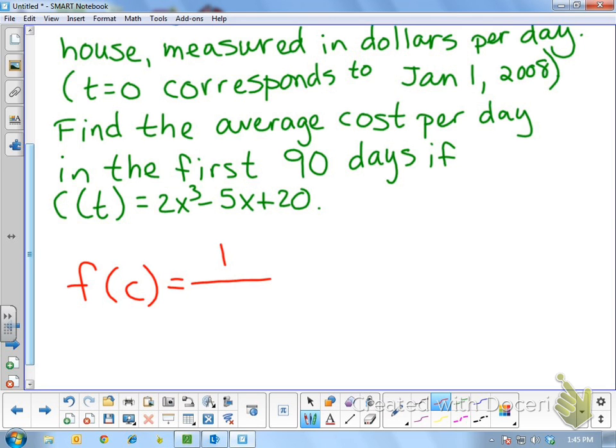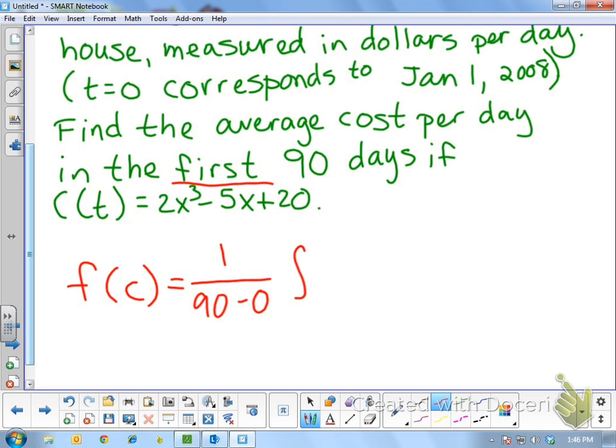You have to know how many days are in a year. 365, so 275 to 365. So we're going to do 90 minus 0. Unless of course it's a leap year. That's true. So we're considering just the first 90, which is why we use 0 to 90.